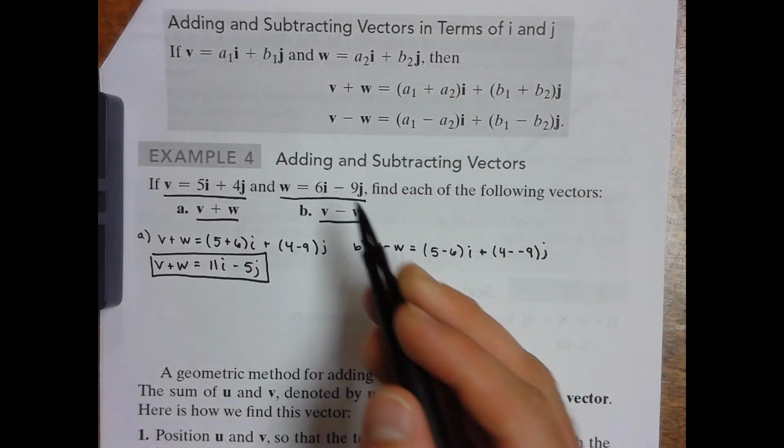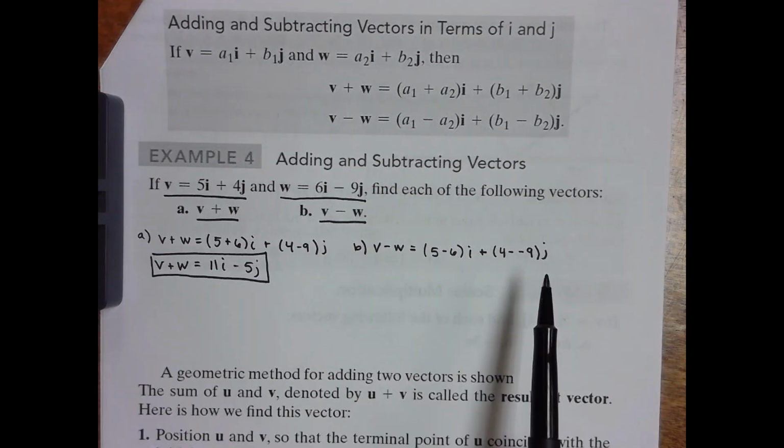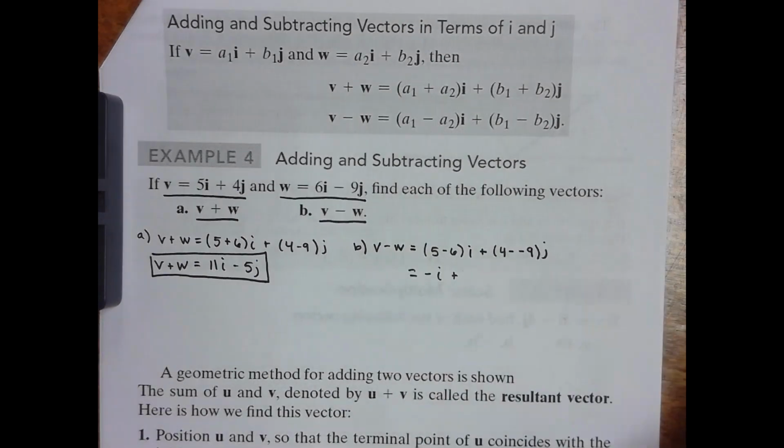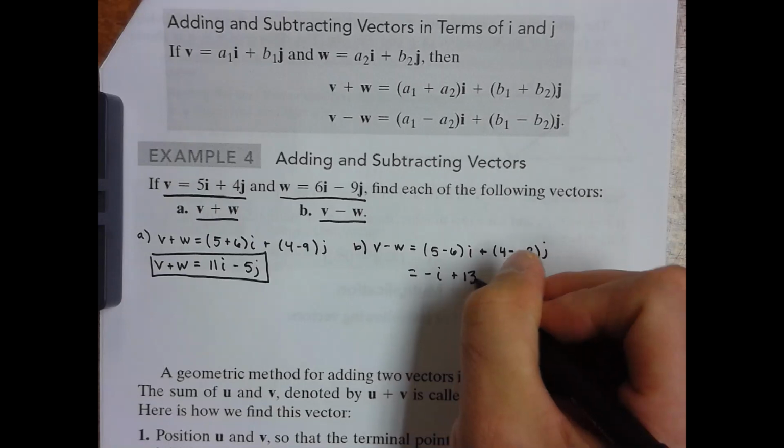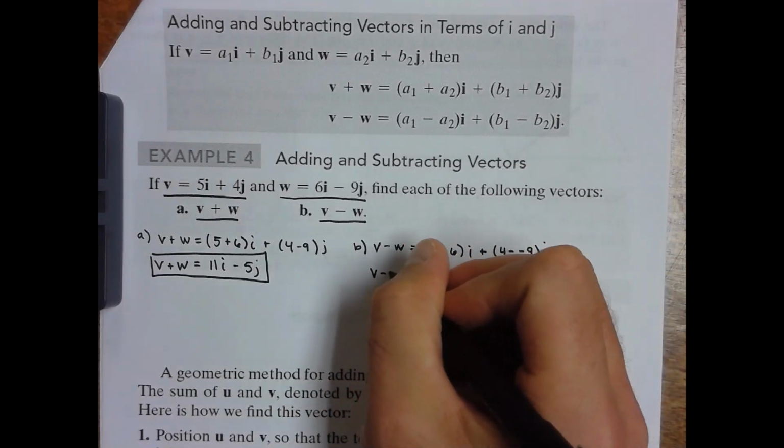Okay, be careful because that is a negative there. Do the 4 minus negative 9. Like I mentioned earlier, the more negatives we have, the more opportunities to make mistakes. 5 minus 6 is negative 1, so that's negative i. And then this is plus 4 minus negative 9, which is 13j. And that's vector v minus w.